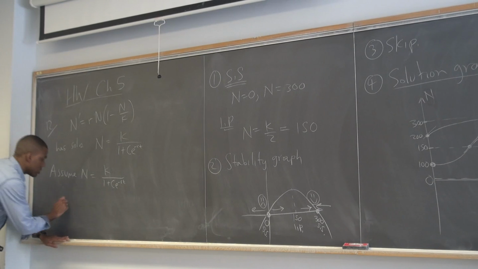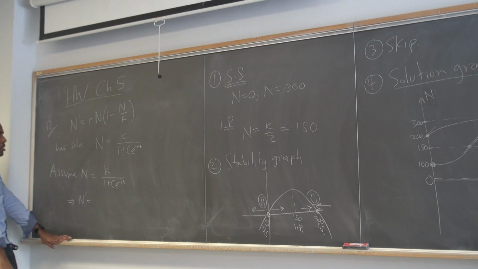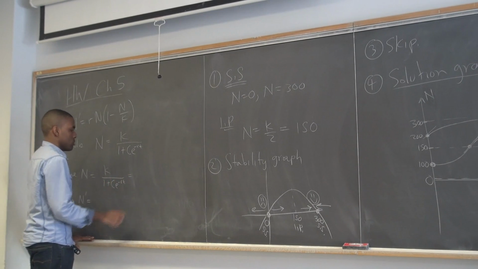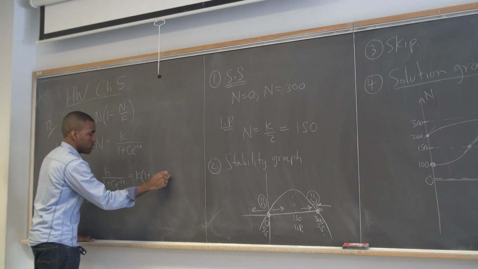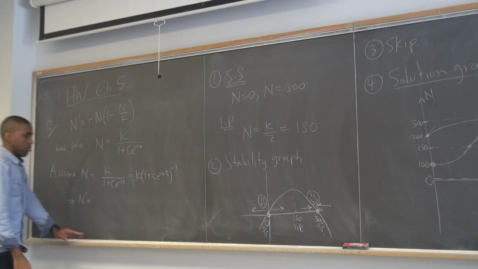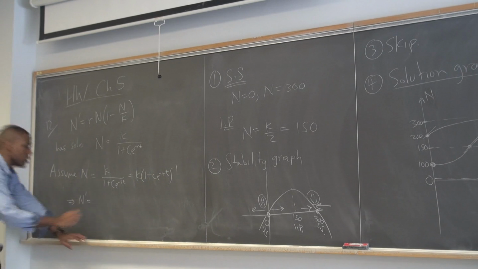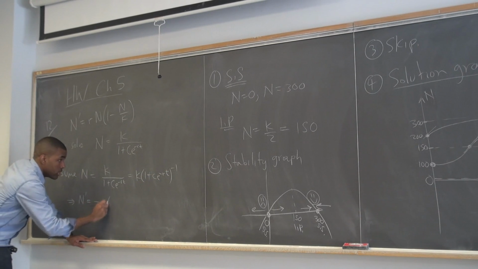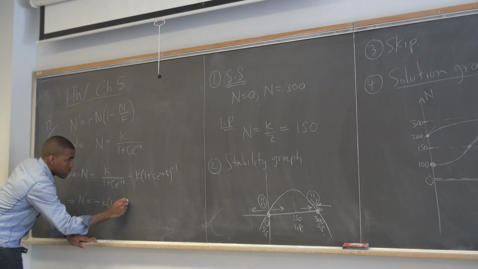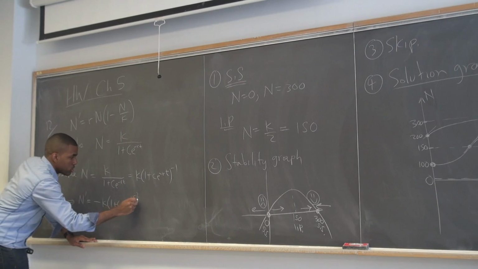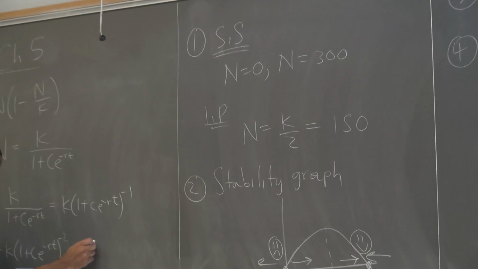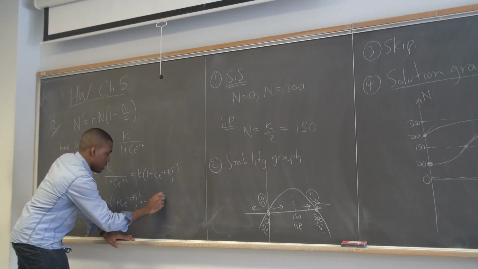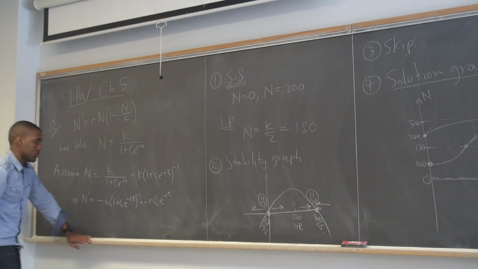So then your N' would be, well, I'd probably rewrite it so I can avoid the product rule. And so N' would be -K(1 + ce^(-rt))^(-2) times -rce^(-rt).